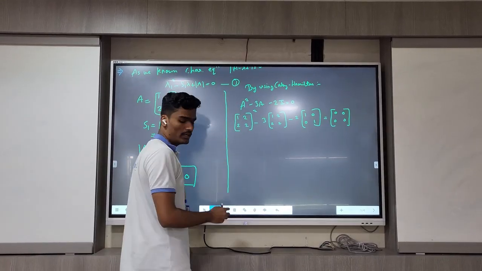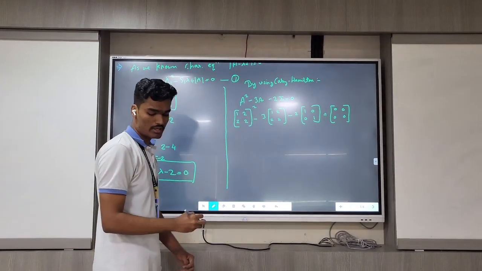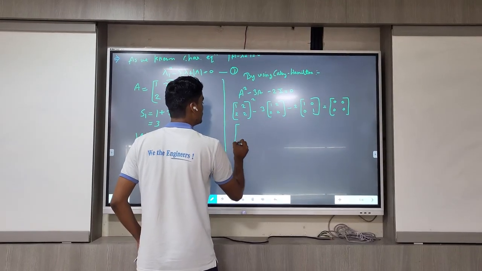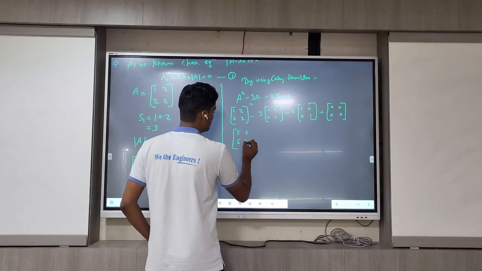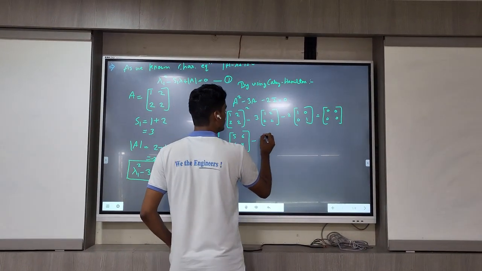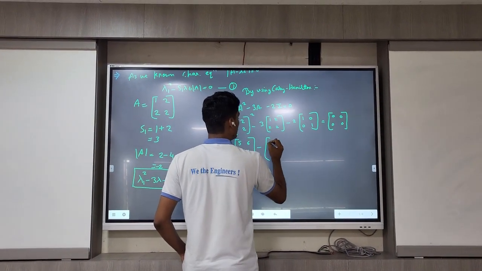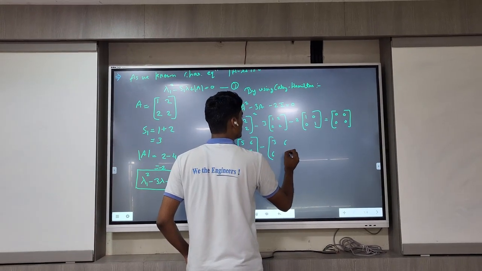By using a calculator we will solve the square of this matrix, which is equal to this, and also this becomes 3 1 3 6 6.